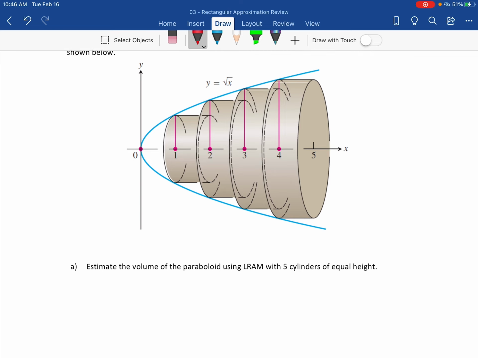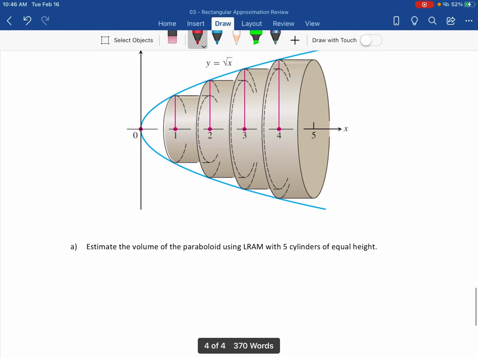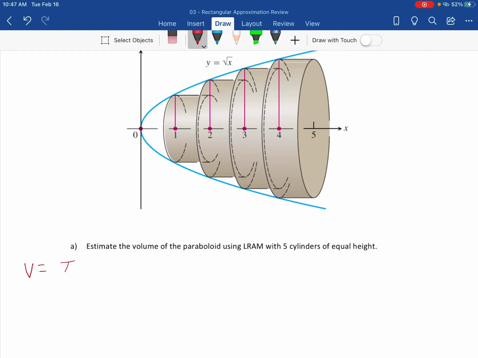So let's talk about each of those cylinders in turn. Now they said use LRAM, so that changes the calculation slightly. Now let's just talk about what we're adding up here. To find this whole volume, we're going to do the volume of each of these cylinders. So there's going to be a pi times the first radius squared times the height. Then there's going to be pi times the second radius squared times the height.